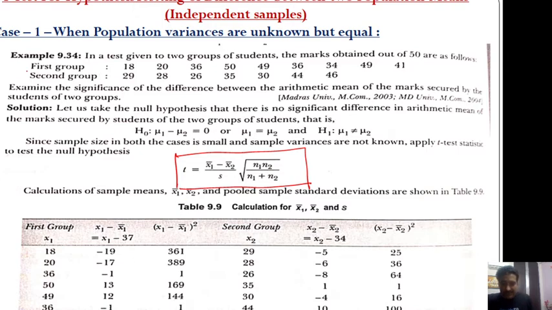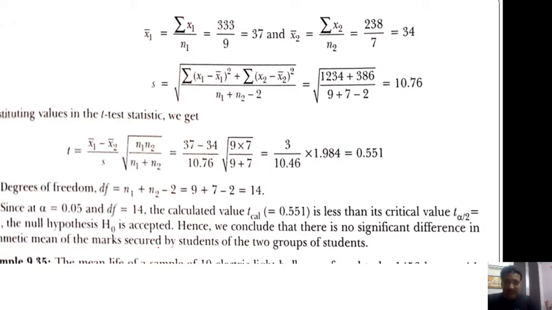Here you have two groups, first group and second group. You have to calculate the means of both the groups. And you have to calculate the standard deviations also, because here we have to calculate a small s. This question is completely solved, you can easily check it. The formula to calculate s is the summation of x1 minus x1 bar squared.